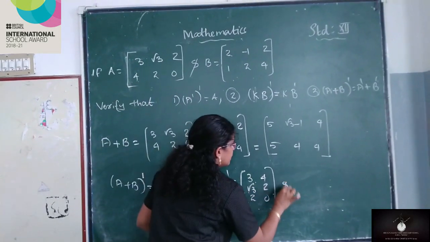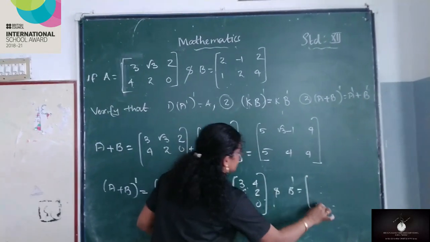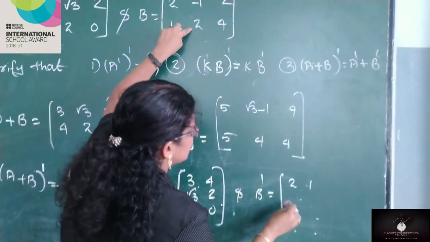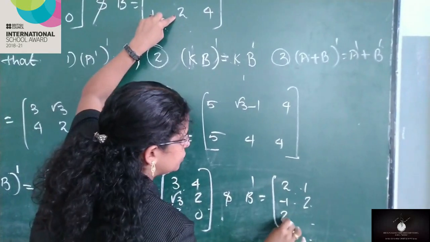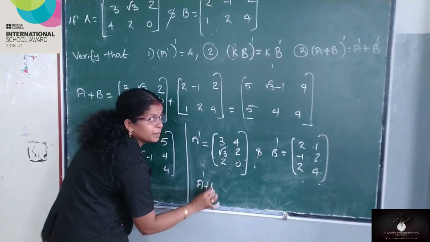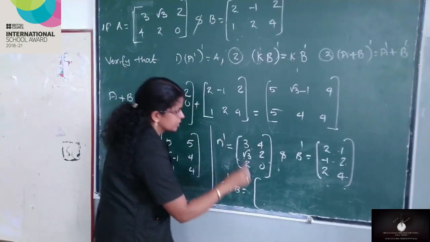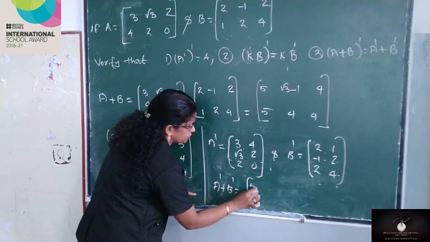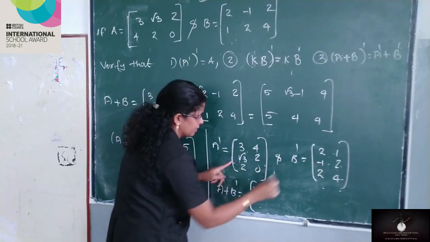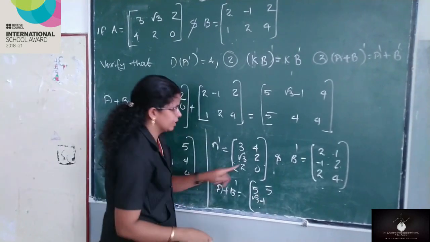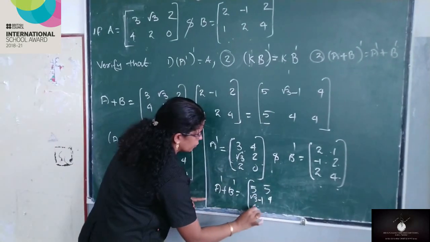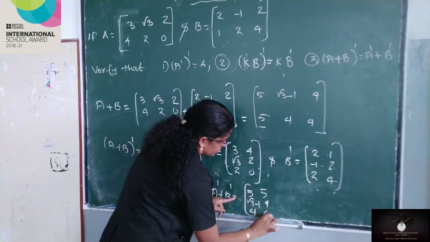Okay. And B transpose equal to matrix 2 1, minus 1 2, 2 4. Okay. Then A transpose plus B transpose equal to matrix 3 plus 2 is 5, 4 plus 1 is 5, root 3 plus minus 1, that means root 3 minus 1, 2 plus 2 is 4, 2 plus 2 is 4, 0 plus 4 is 4.